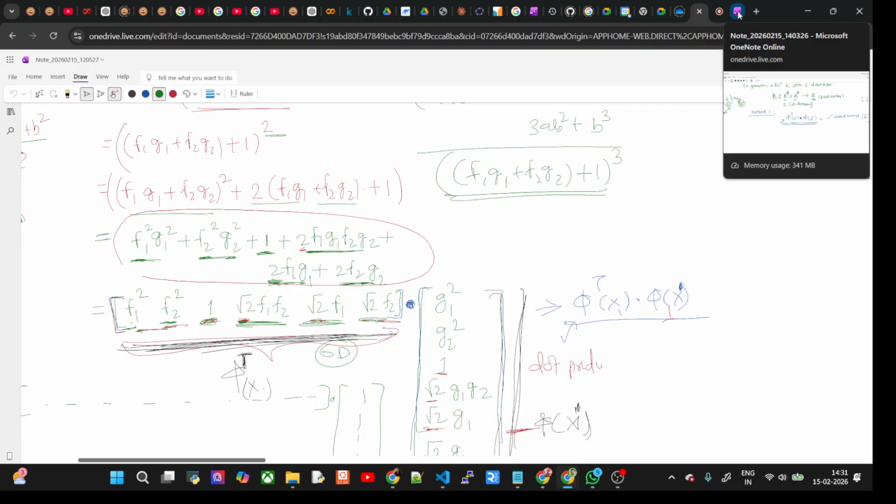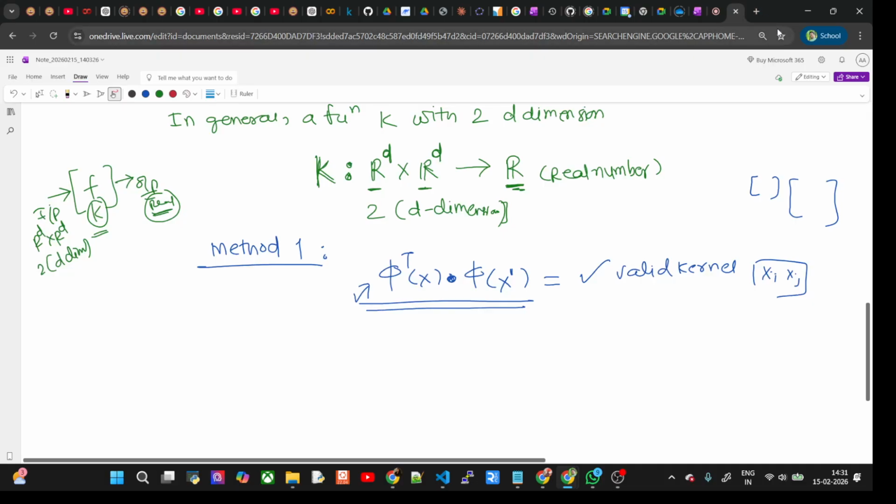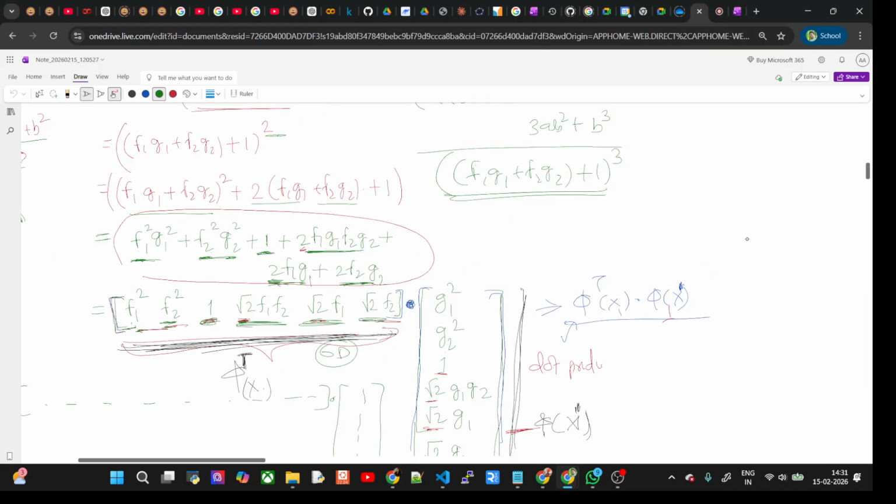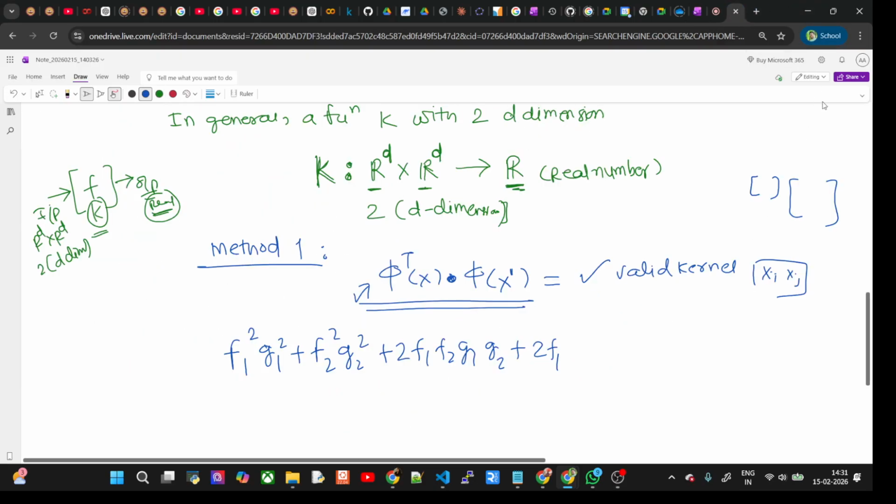In this one, maybe I will write down this one here also. f1 square g1 square, f2 square g2 square, 2 f1 f2 g1 g2 plus 2 f1 g1, 2 f2 g2, okay, 2 f1 g1 and 2 f2 g2.